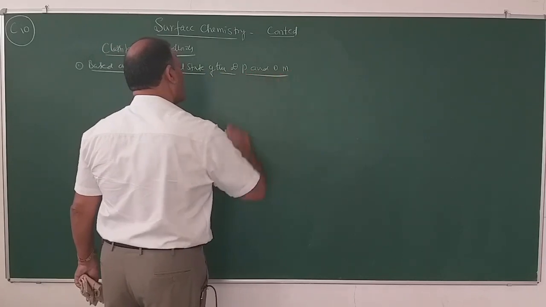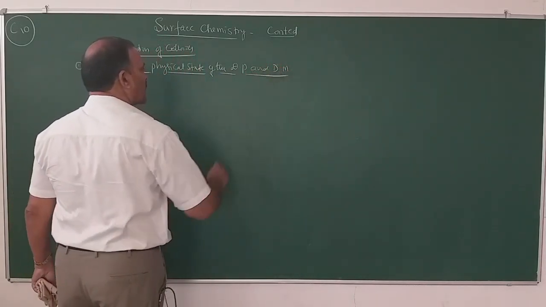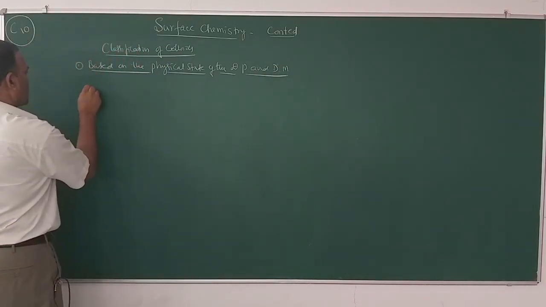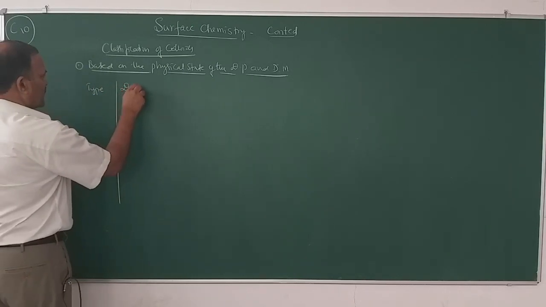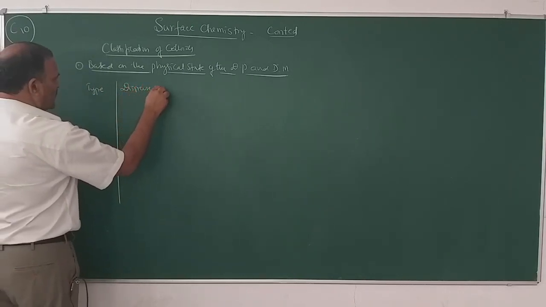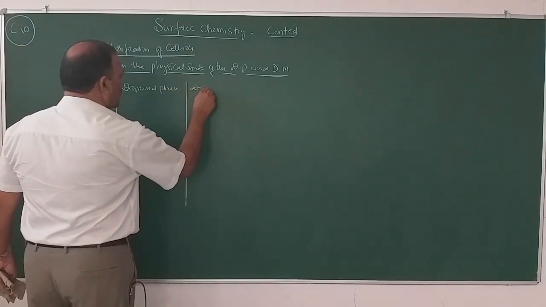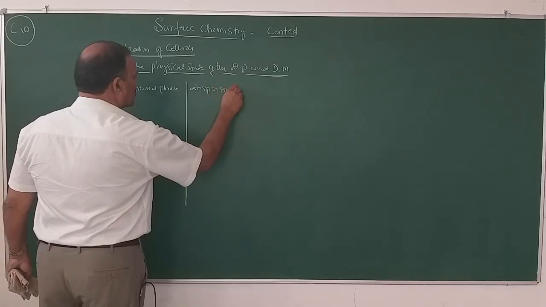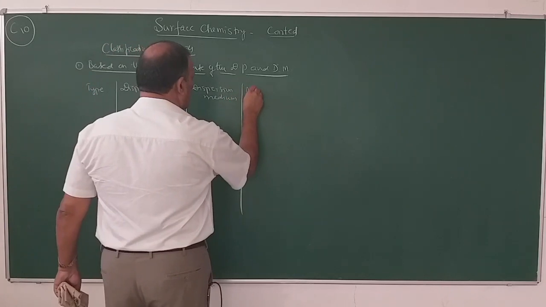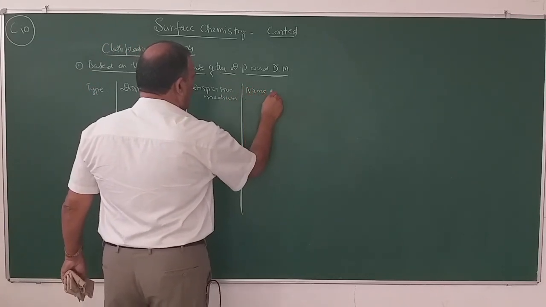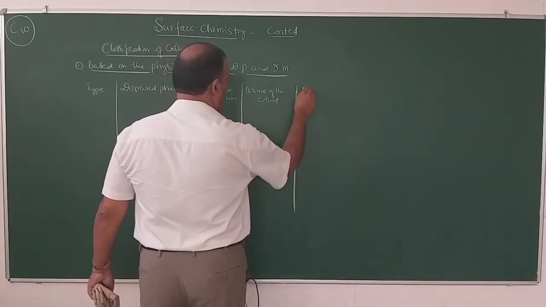Based on the physical state of the dispersed phase and dispersion medium, colloids are classified into the following types. Number one type: dispersed phase, dispersion medium, name of the colloid and examples.